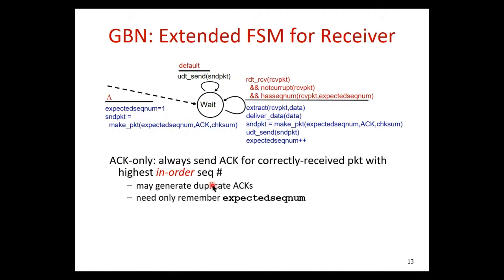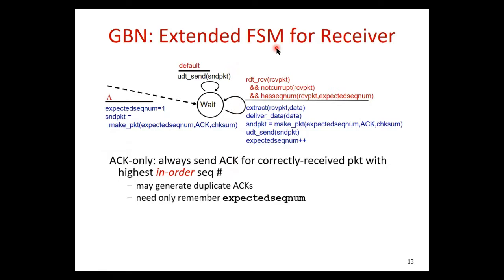So here we can see that we have duplicate ACKs. If the receiver receives packet number 1, it sends ACK of 1, and then if it receives packet number 3 without receiving packet number 2, it will send again ACK of 1. So we have a duplicate ACK.